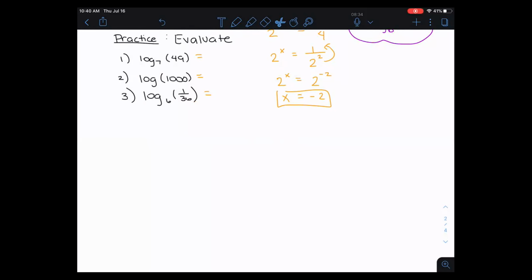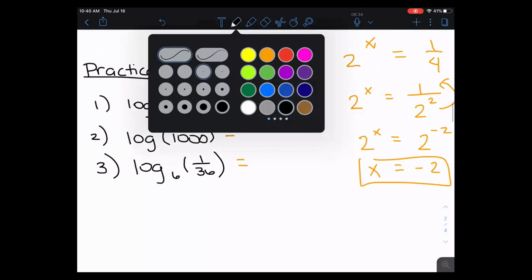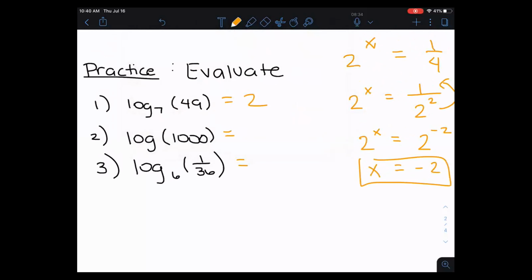So let's see. So again, for this, all you have to think of is 7 to what power gives us 49. You guys should know that 7 to the second power is 49. So that's one way that you guys can do this.